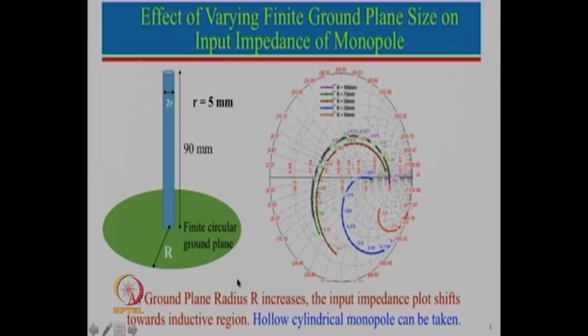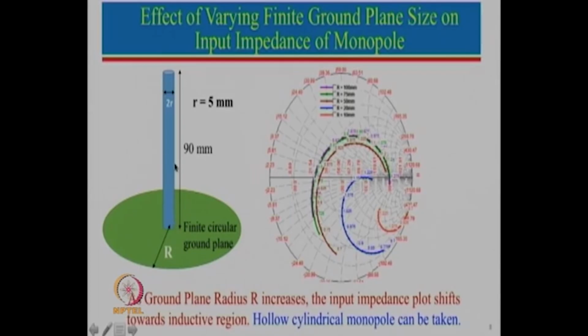For a radius less than lambda by 4, you can use that approximation. Now when we keep on reducing it, assume that it is close to 0 ground plane size, then this whole thing can be thought of as an end fed dipole antenna.